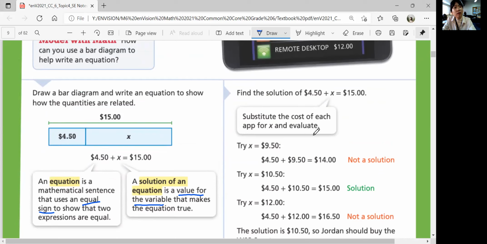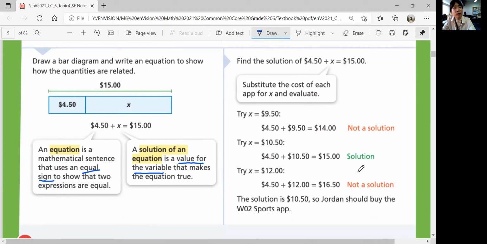Or you can do 15 minus 4.5 is equal to X, right? So you can either guess, but if you already think that subtracting 4.5 from 15 gets you an answer, that is correct. Which is going to be 10.50. The solution is 10.50.